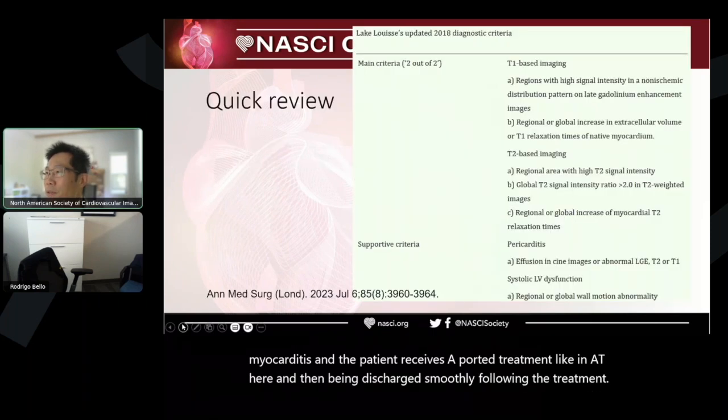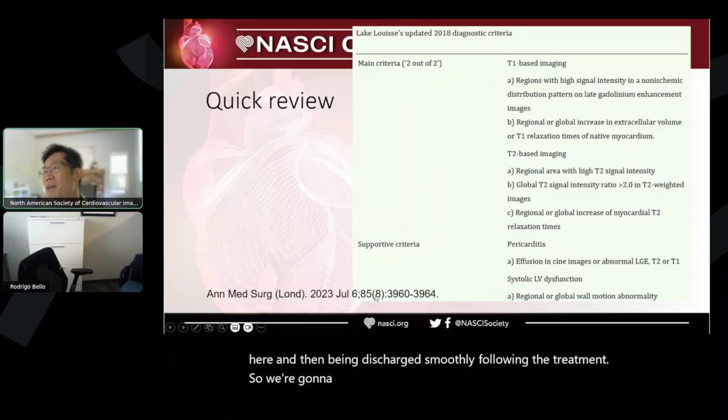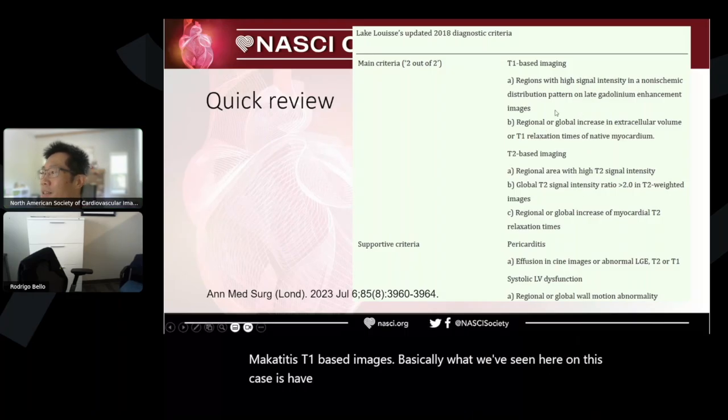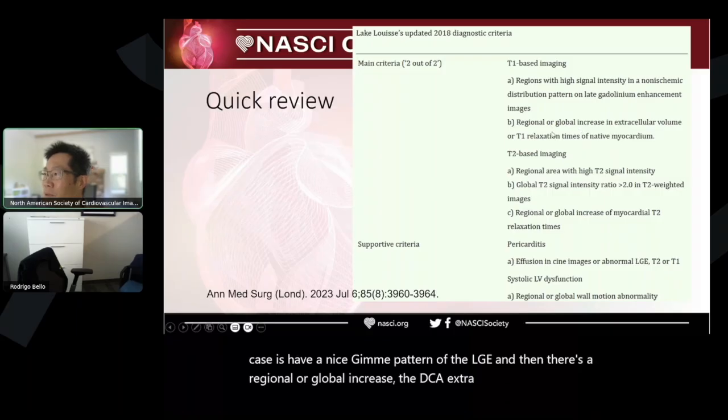So we're going to review very quickly the MR criteria for myocarditis. On T1-based images, basically what we've seen in this case, there is a non-ischemic pattern of the LGE, and then there's a regional or global increase in the extracellular volume or native T1.